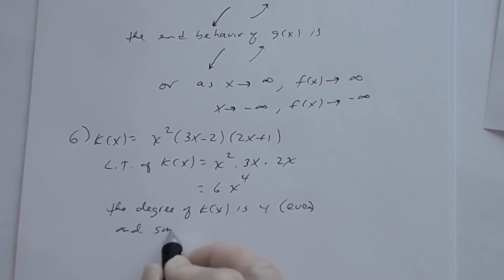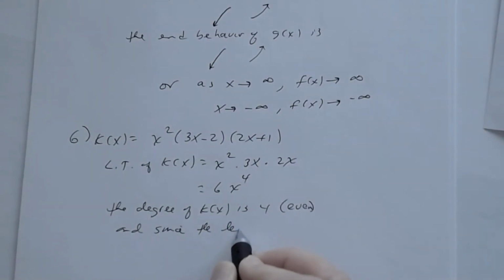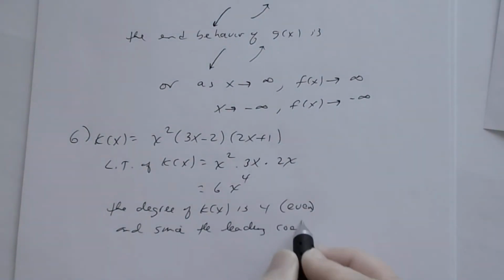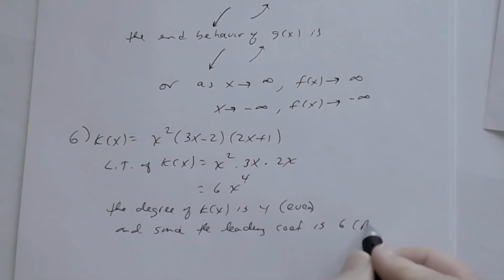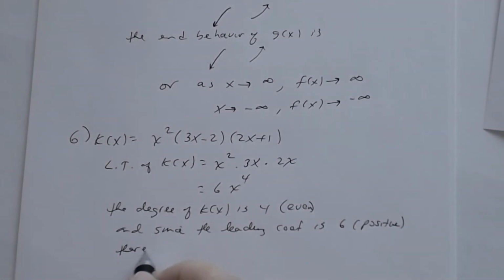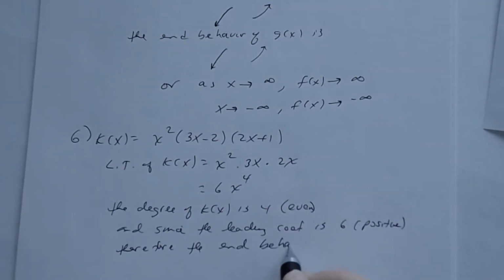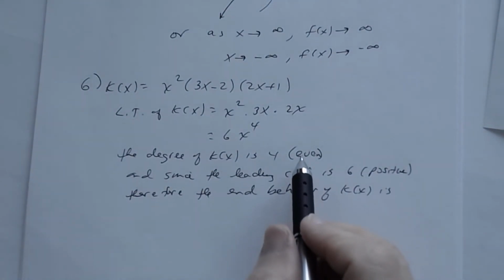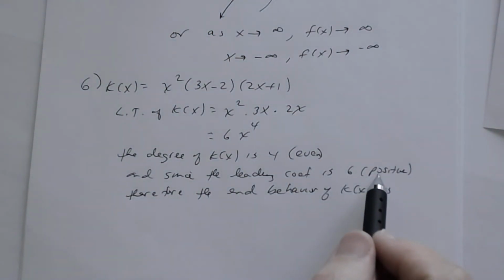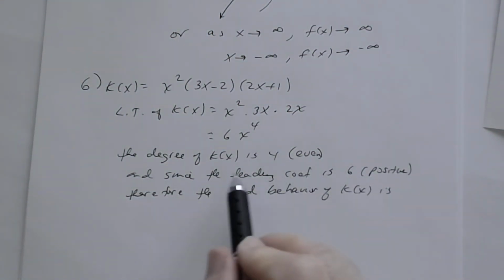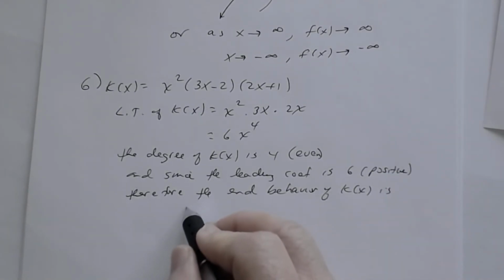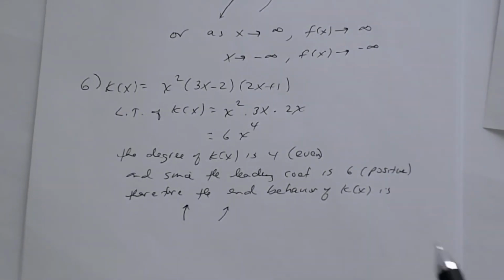And since the leading coefficient is 6, which is positive, then that means, so therefore, the end behavior of k of x is this. So since it's even, it points in the same direction, coefficient's positive. Now when I say it's even, I mean the degree. And the leading coefficient is positive, it means that they're both pointing up on both sides.